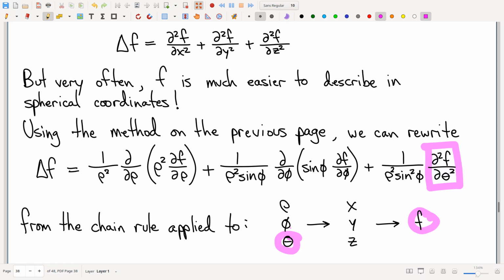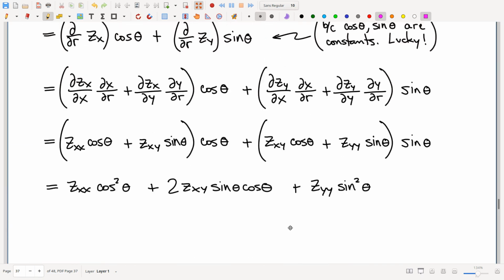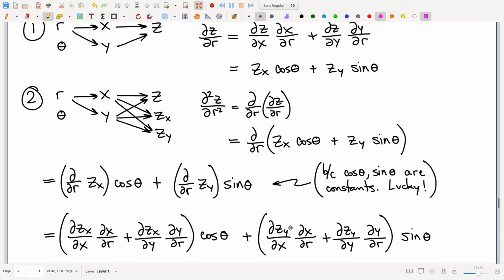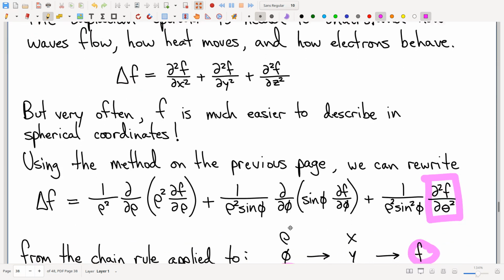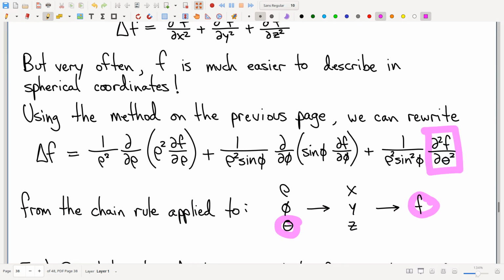Notice this is a second derivative chain rule question. And if you were to go through arguments totally analogous to what we just did here, but with spherical instead of polar, you'd get some big ugly expression.